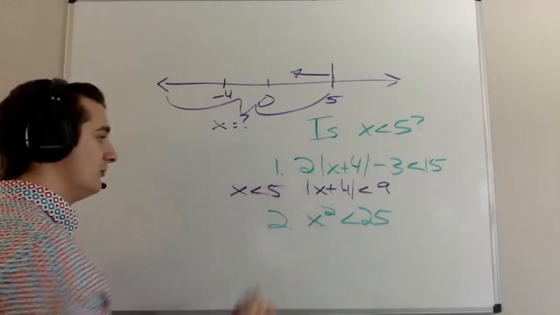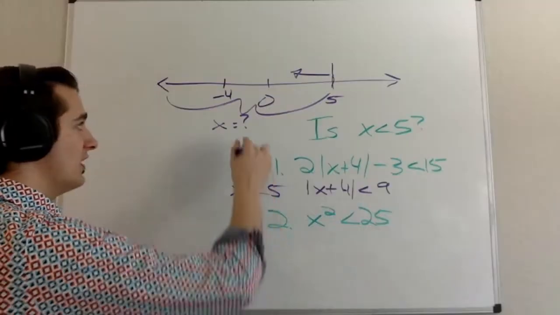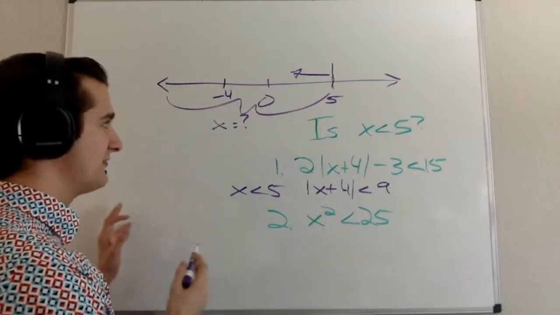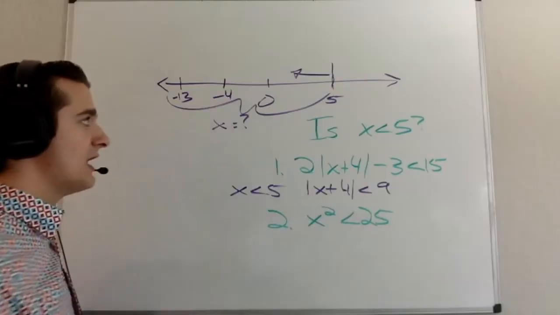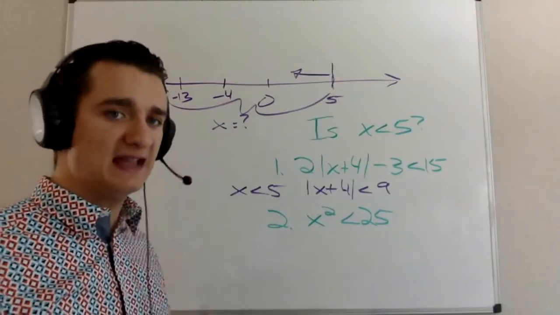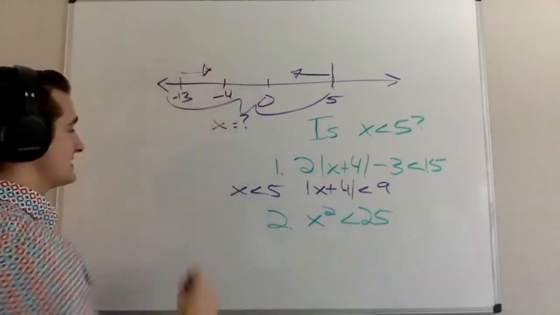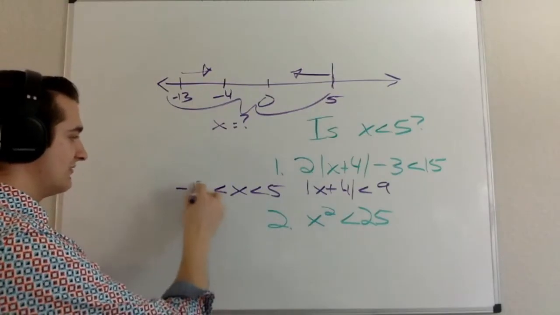I also know, and again, remember the distance between x and negative 4 is less than 9, that there's another number that's 9 to the left of negative 4, which is going to be negative 13. So x has to fall on the right side of negative 13. In other words, x is going to be greater than negative 13.